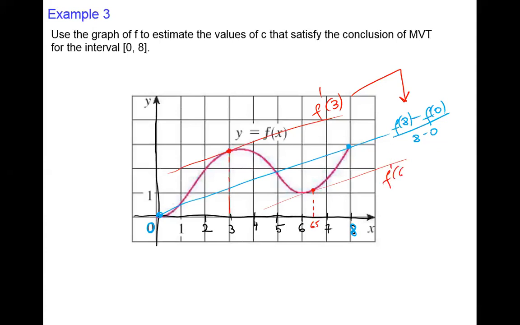That means the derivative at 6.5 is the same as the average rate of change, like the slope of the secant line. I hope you understand the mean value theorem. We found the points C, 3 and 6.5. Really good. Okay, let's keep moving.